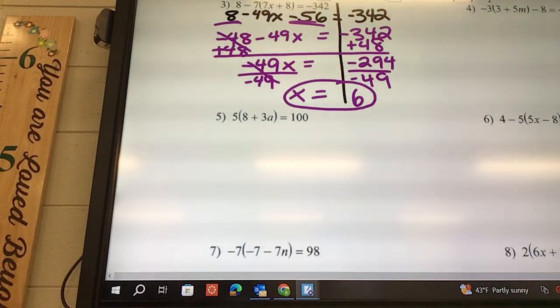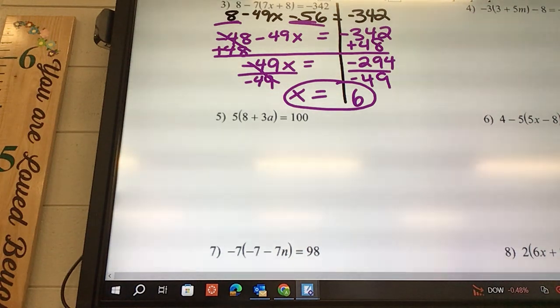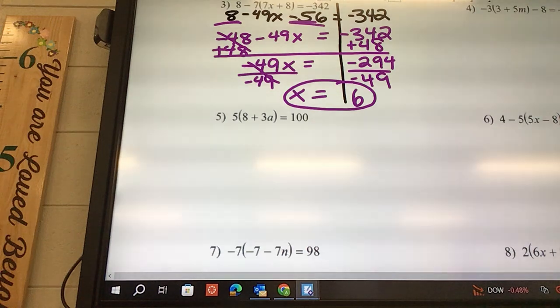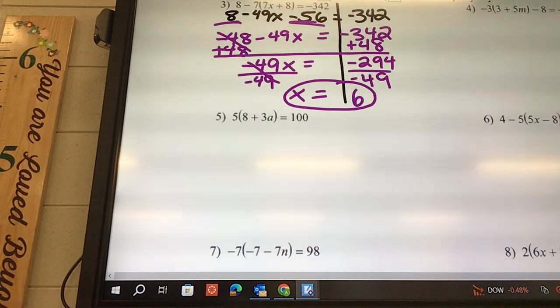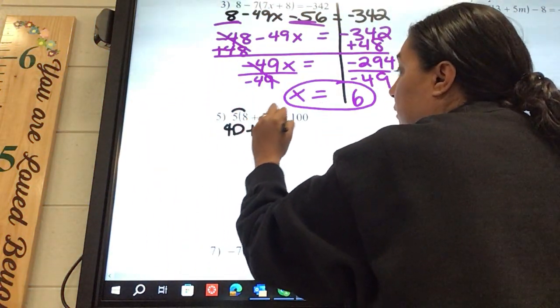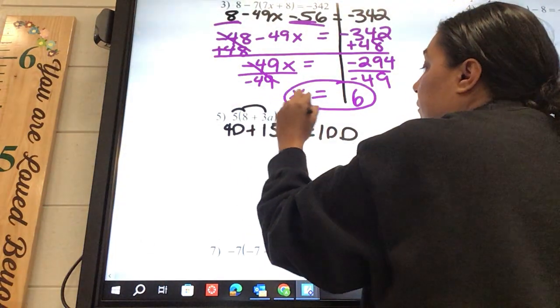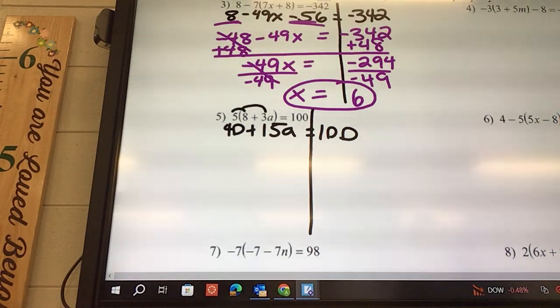Okay, 5. There's parentheses, so we're going to do that first. 5 times 8 is 40, and then 5 times 3 is 15. So I'm going to get 40 plus 15a equals 100. Then we're going to look at this and say, well, who's the kid?